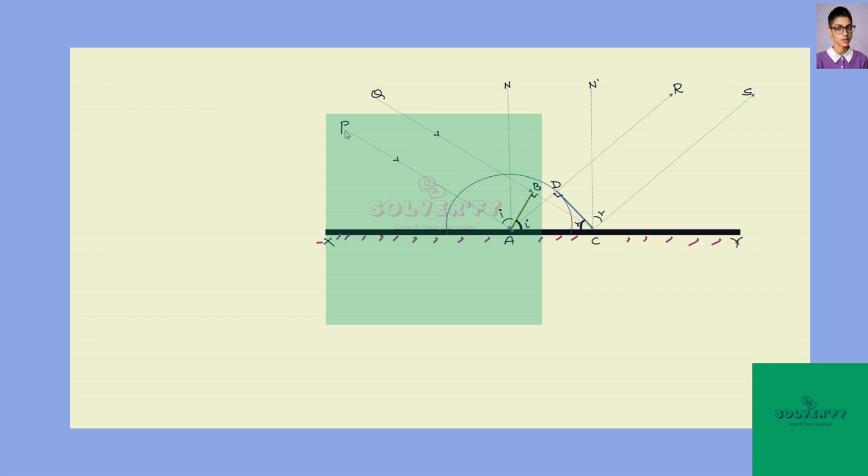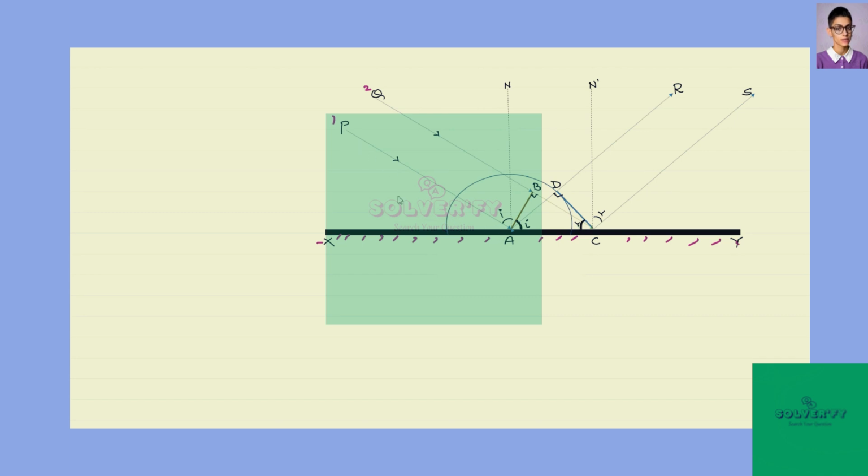If I consider here two rays P and Q, these are the two incident rays incident on this plane reflecting surface and reflected as R and S. Based on the wavefront theory, Huygens principle, we are going to show here that i is equal to r.